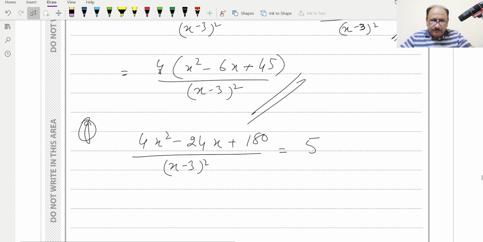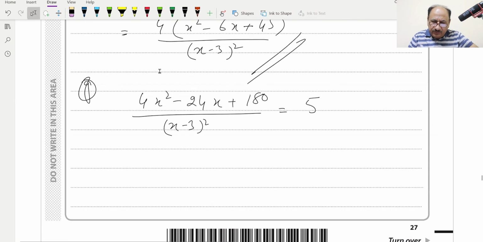Now we can basically shift this x minus 3 squared to the side, so our equation will become 4x squared minus 24x plus 180 is equal to 5 into x minus 3 squared.